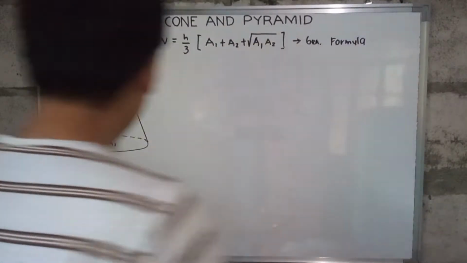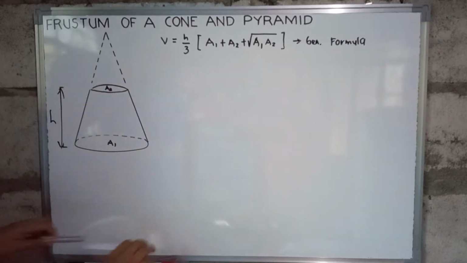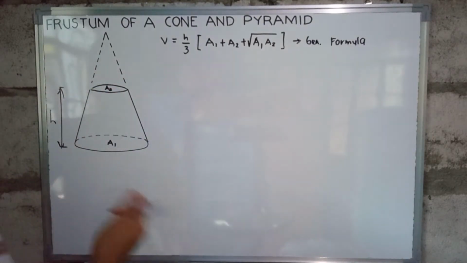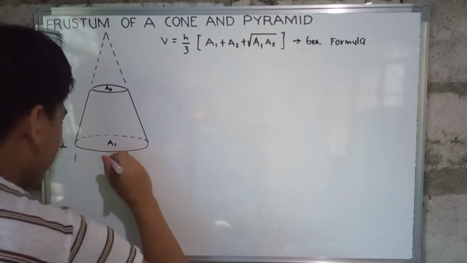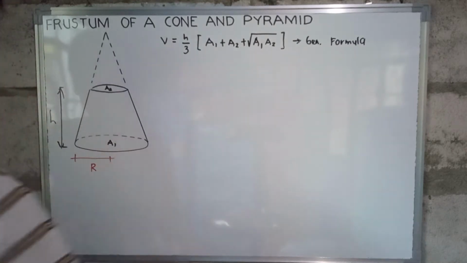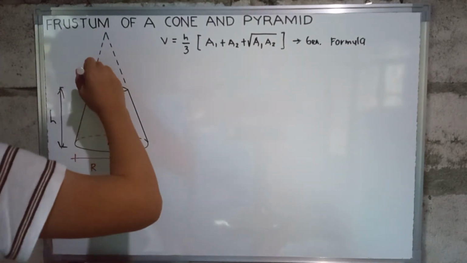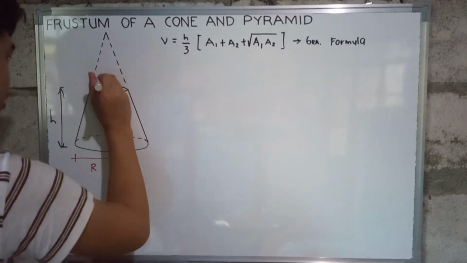So let's try, no? Assuming ito yung cone natin, frustum of a cone. So, let's say that yung nasa ilalim natin, the radius of that cone is denoted by capital R. Then yung nasa taas naman, it will be denoted by small r.